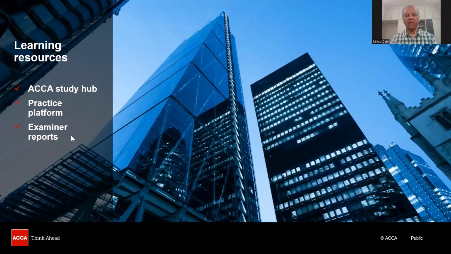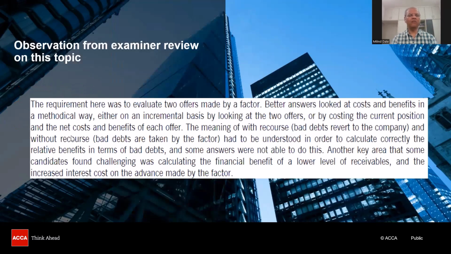And you could make, of course, use of the past examination reports given by the examiner. These reports point out observations about students' strengths and weaknesses. Just to give you an example, here is one of the paras which examiner's report from one of the past exams brings about.